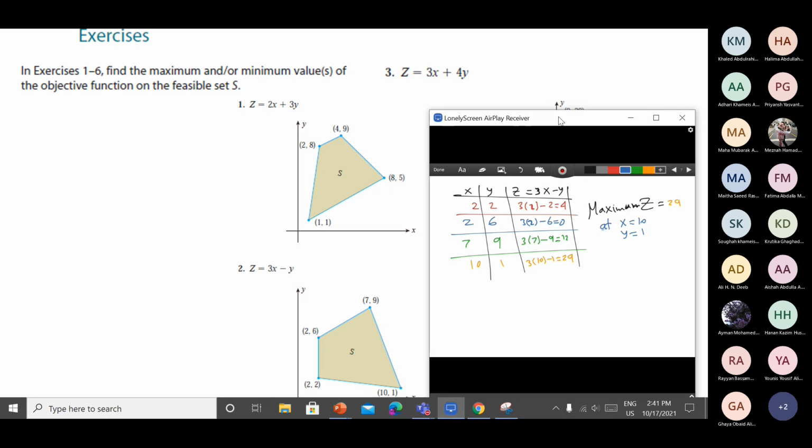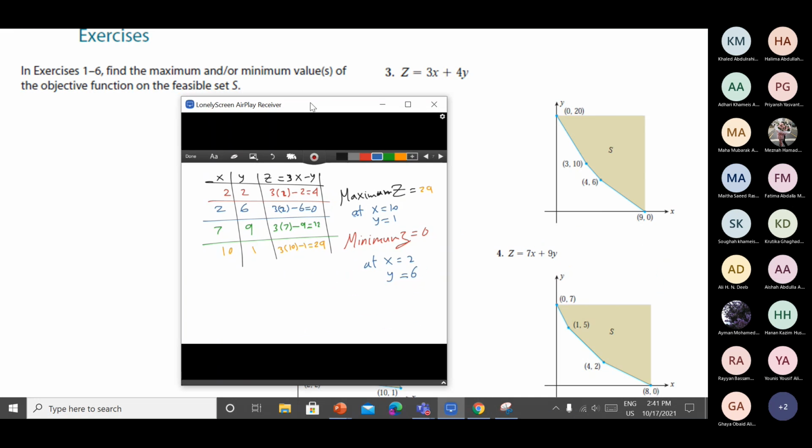What about the minimum? Minimum z equal to 0. This happened at x equal to 2 and y equal to 6. Very good. Let's go for number 3.